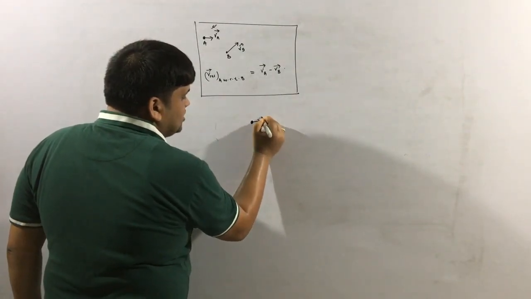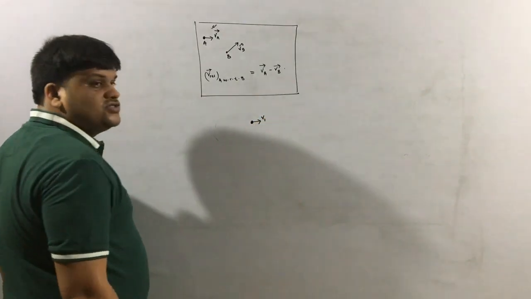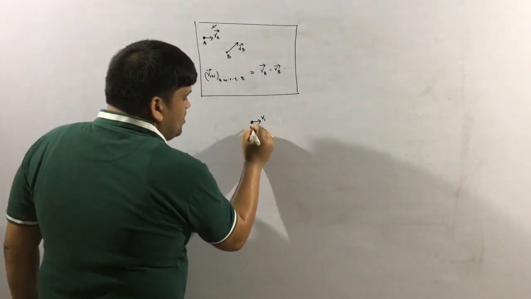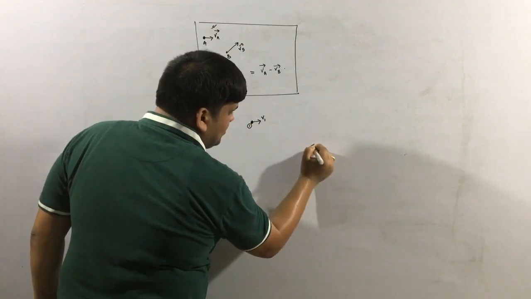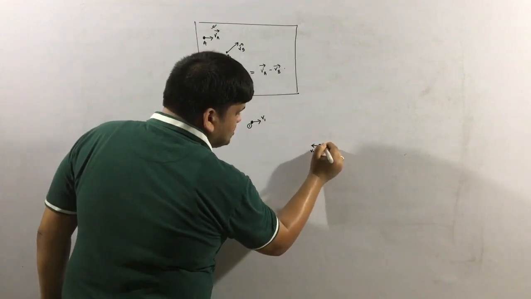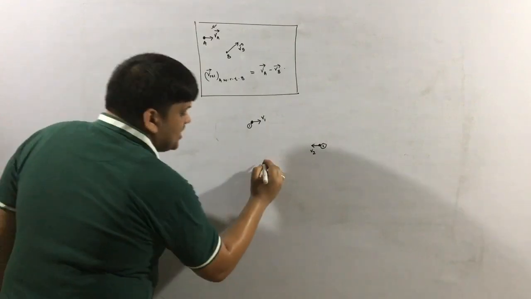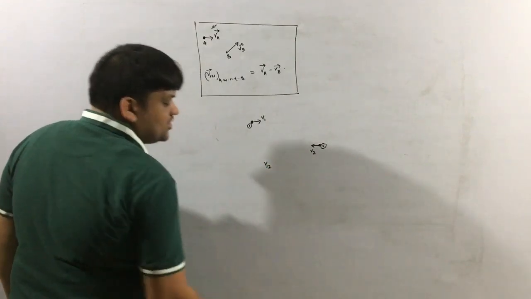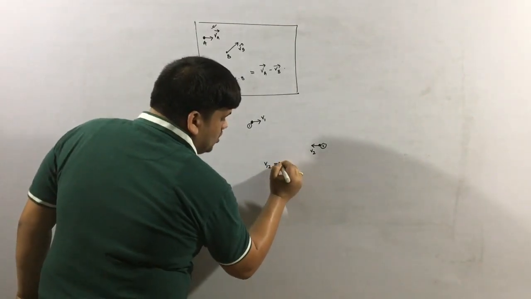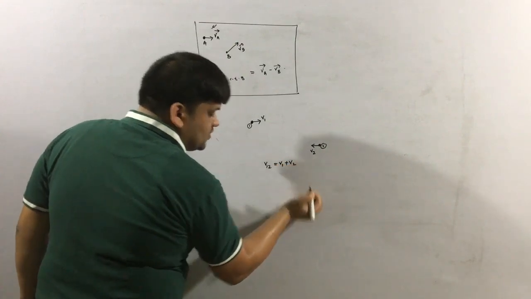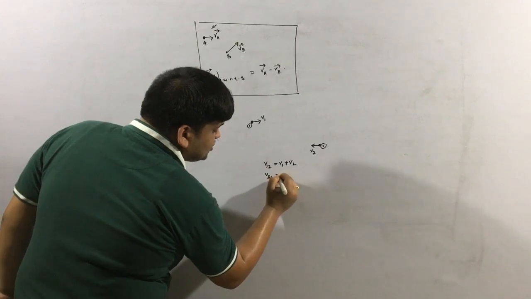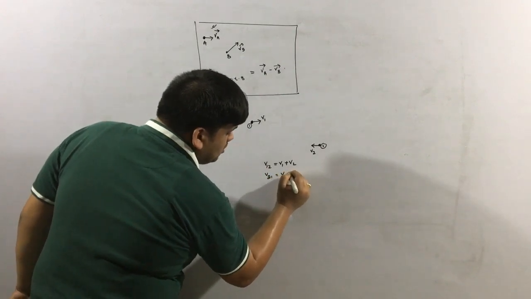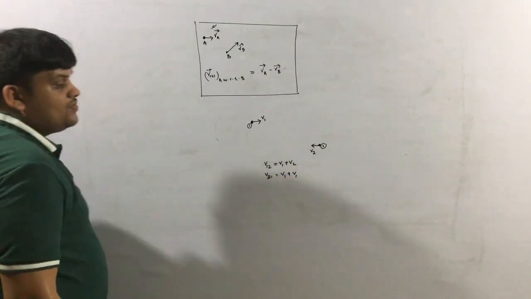If one object is moving in this direction with a velocity v1, and another object is moving from the opposite direction with a velocity v2, then the velocity of 1 with respect to 2 is v1 plus v2, or the velocity of 2 with respect to 1 is also v2 plus v1.